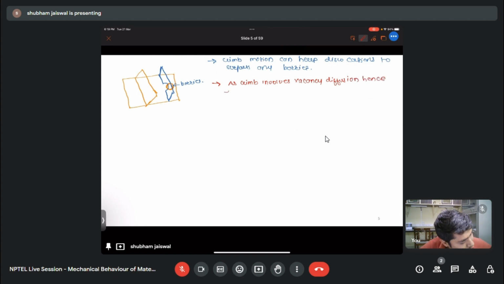Hence, it is temperature dependent. It means it is active only at higher temperature.